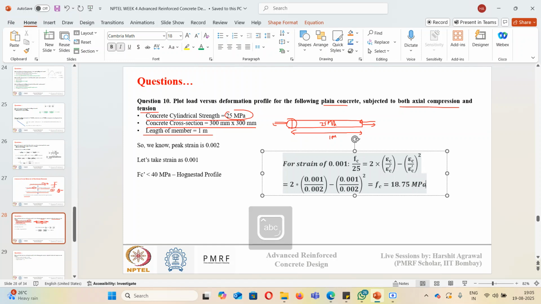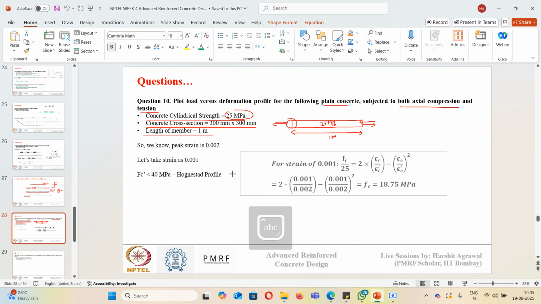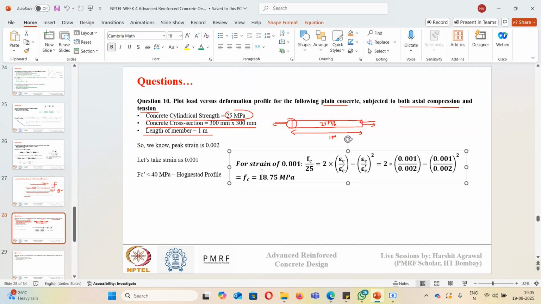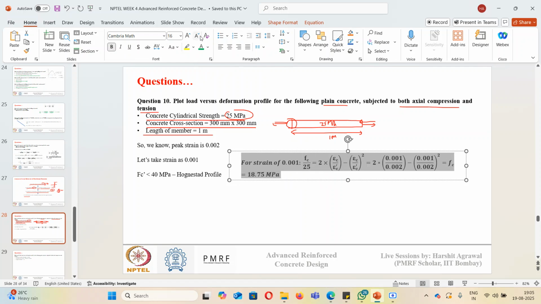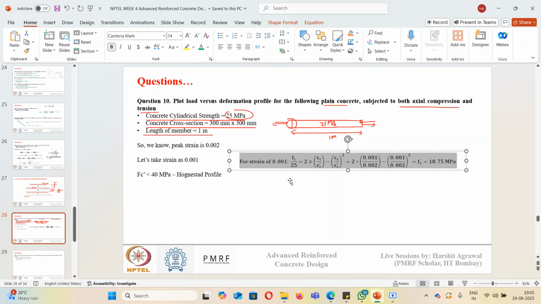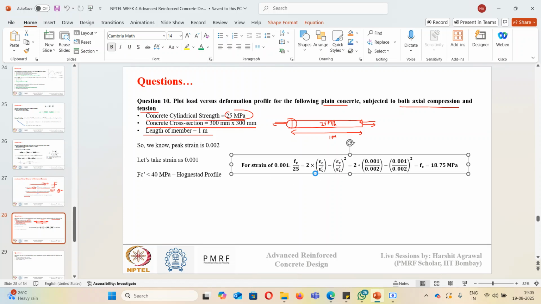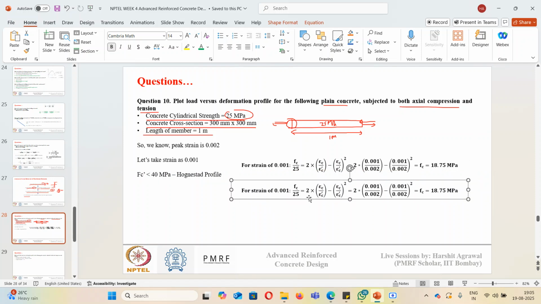When you do this calculation, the stress fc comes out to be 18.75 MPa. A similar calculation we can do for other strain values lower than 0.002, so that we can get multiple points for the load versus deformation profile. I will do the calculation at 0.0015. Nothing changes in the equation, just the epsilon c values change, and fc comes out to be 22.06.